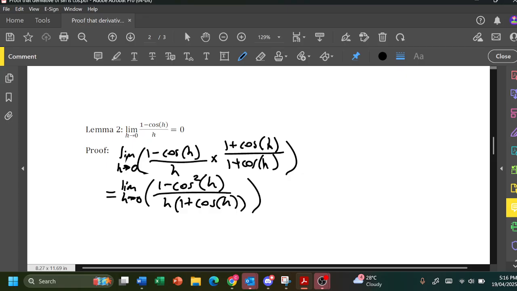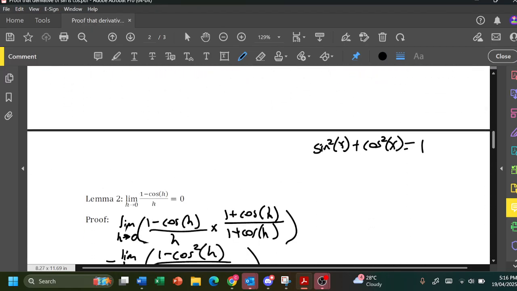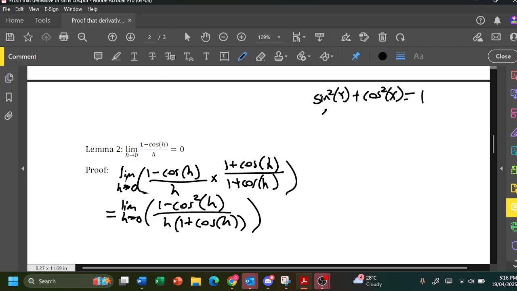We can then take this idea one step further. If we recall the Pythagorean identity, which is that sine squared x plus cosine squared x is equal to 1. This also comes from the unit circle, by the way. We could rearrange that expression and find that sine squared x is equal to 1 minus cosine squared x.